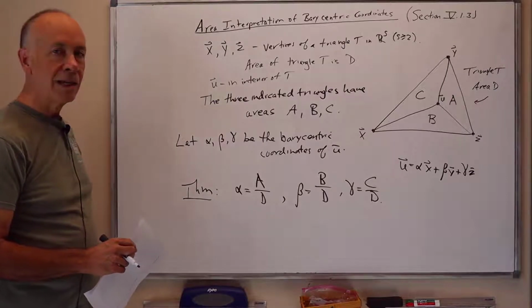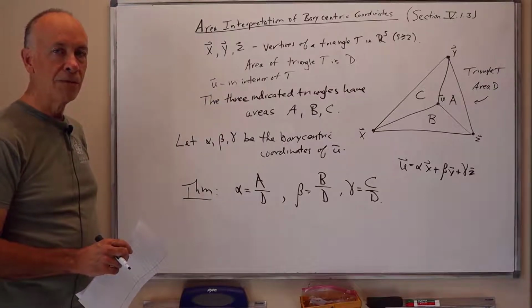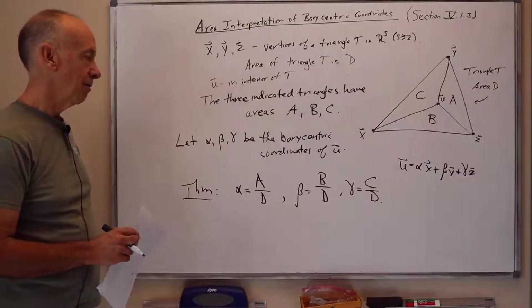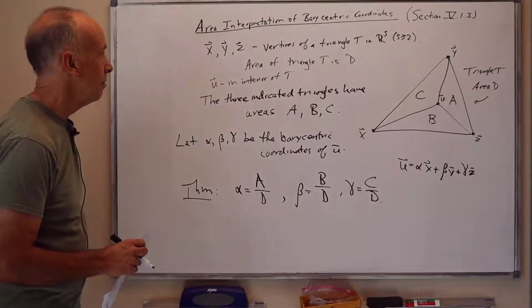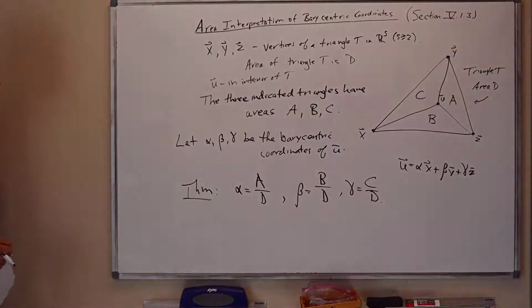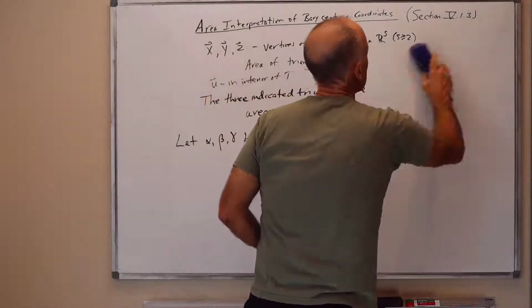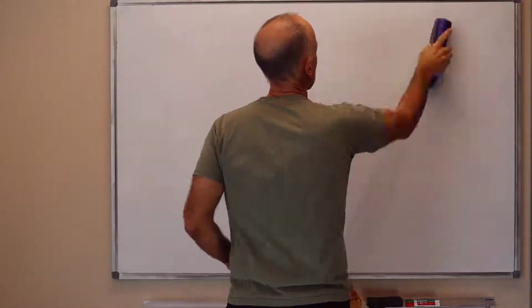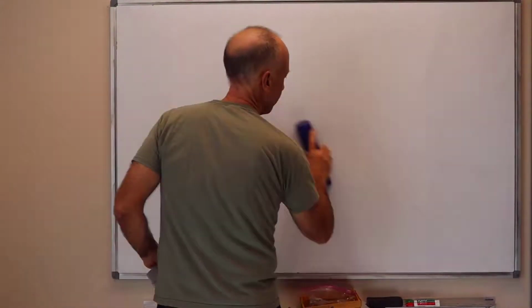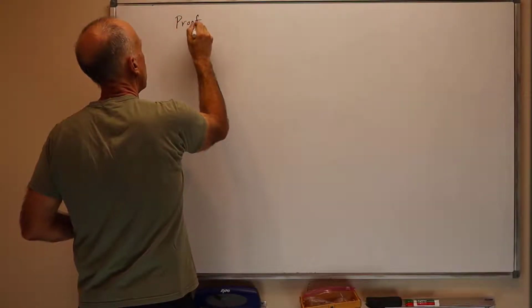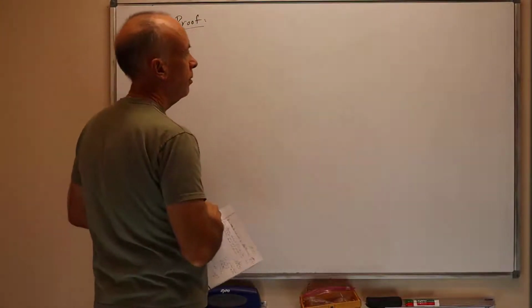I'll prove this on the next board. It'll be based on the proof from the previous lemma about the existence of alpha, beta, and gamma. So let's give a proof of the theorem.